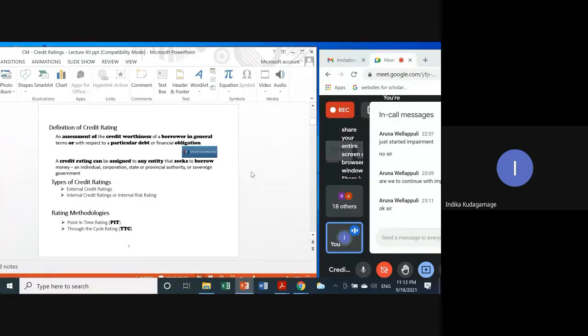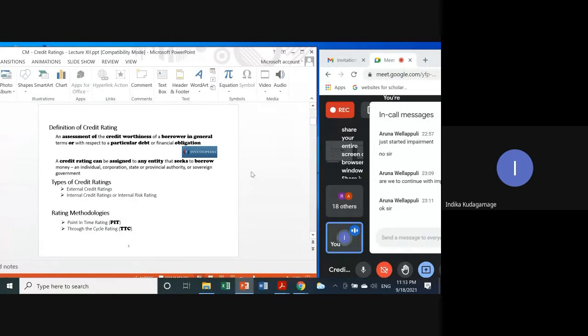It can be a borrower, or it can be an instrument. So we can define it as assessment of the credit worthiness of a borrower in general terms, or with respect to the particular debt or financial obligation. That means, you talk about debentures. We take a risk rating.